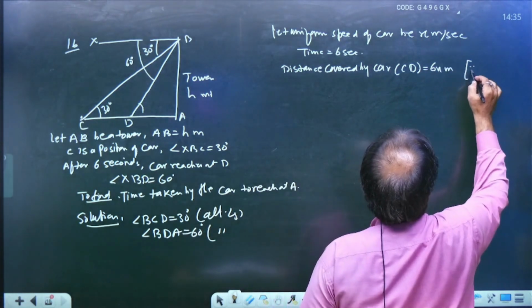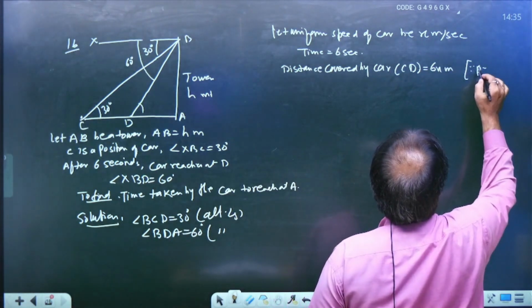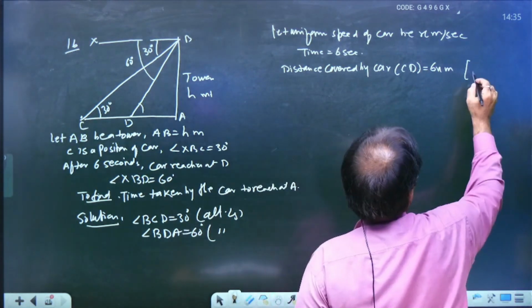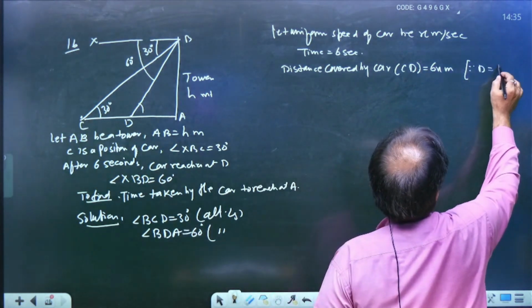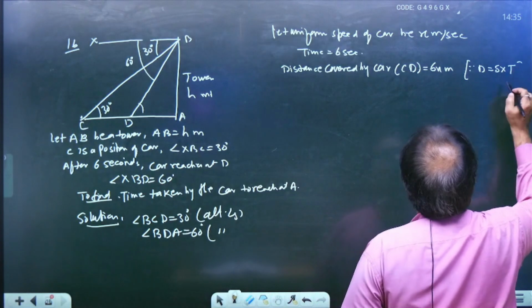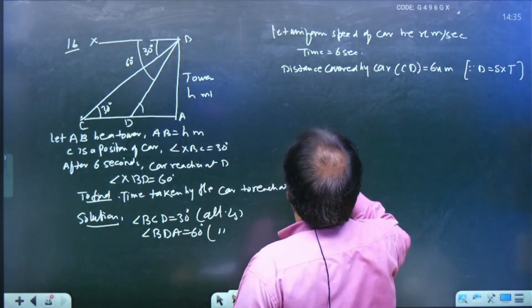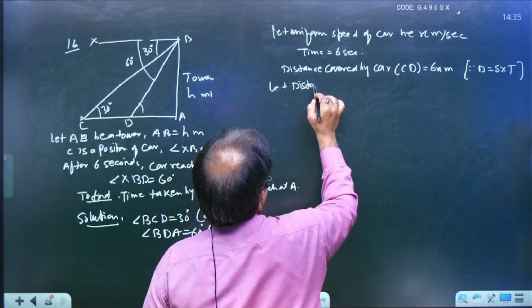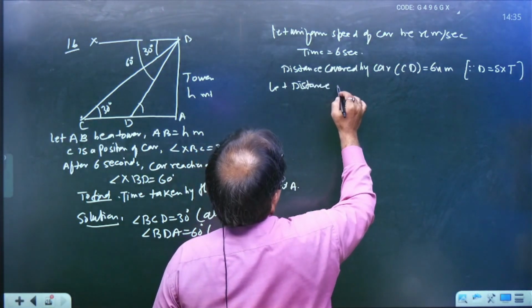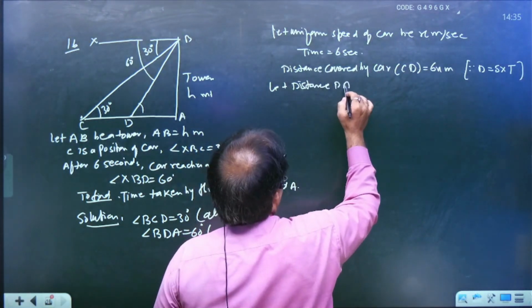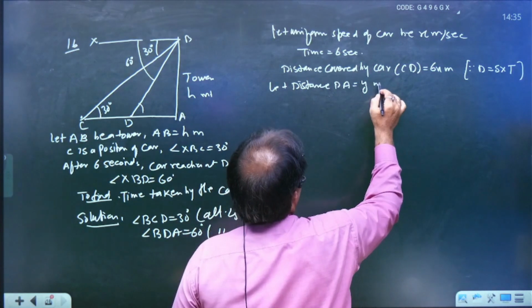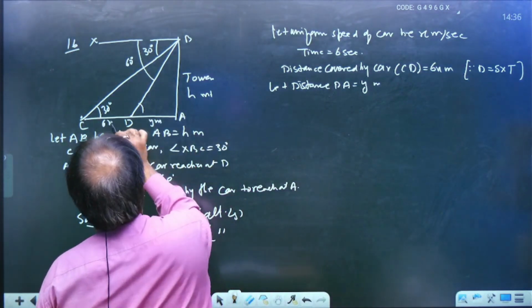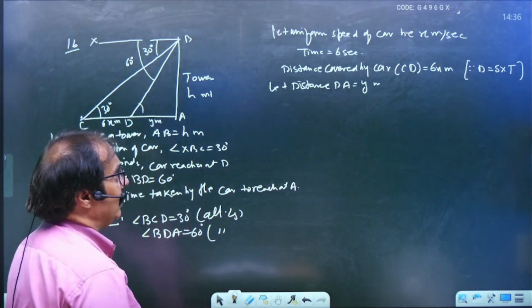Why? Since distance is equal to speed into time, by applying this formula. And let distance DA be y meter, and this we have calculated as 6x meter.